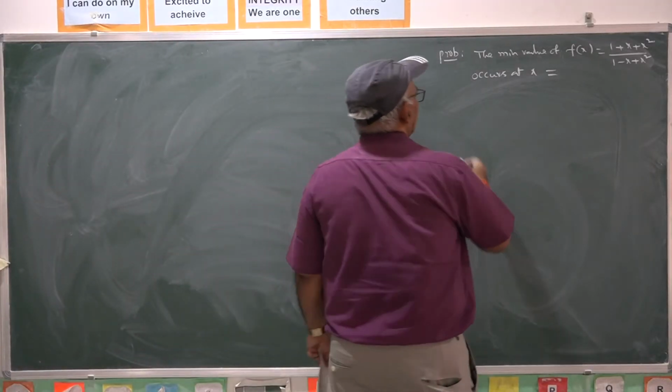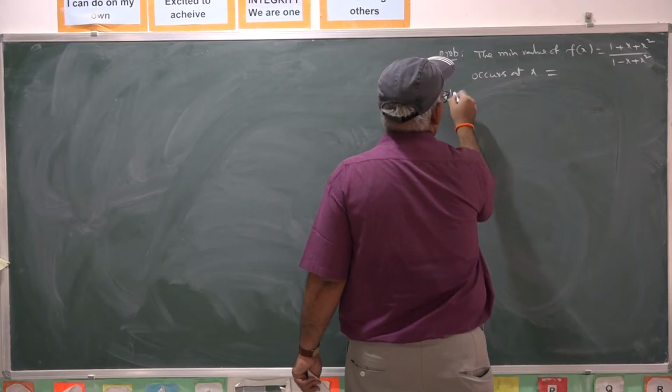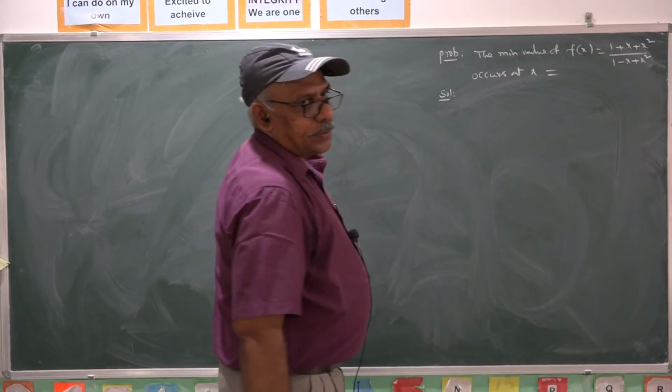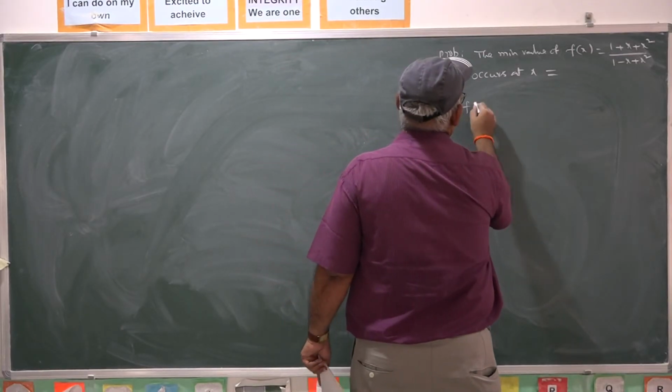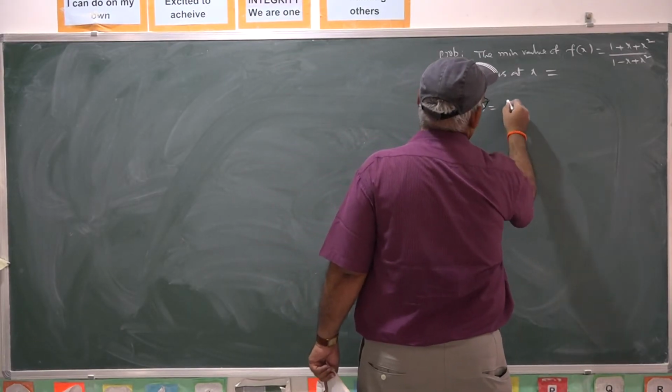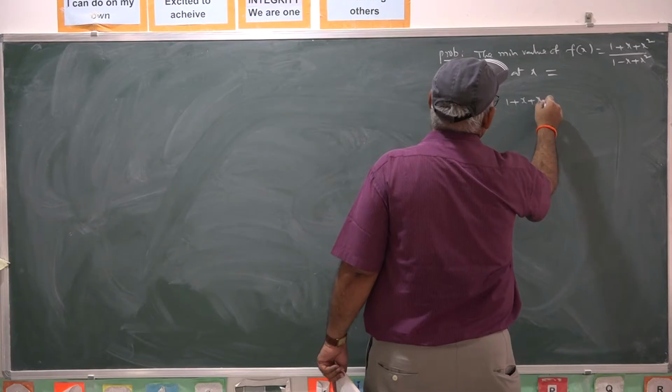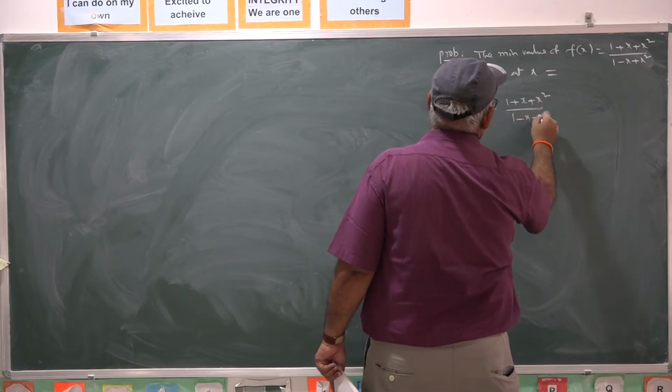To minimize the function, go through either the second derivative test or the first derivative test. Let us suppose f(x) equal to (1 plus x square) by (1 minus x plus x square).